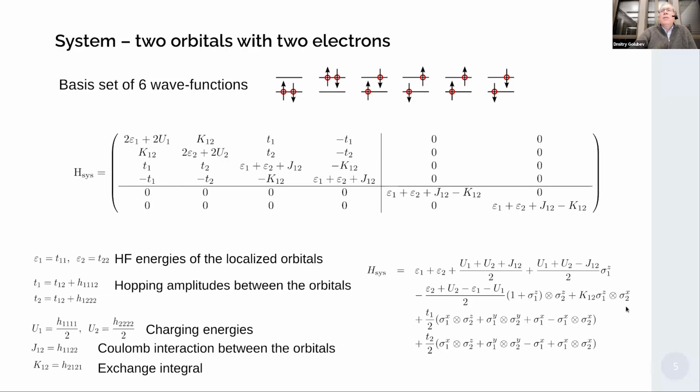We have sigma 1, sigma 2, x, y, z components, and this is just identical representation of this 4 by 4 block. And matrix elements of this matrix are just taken from original Hartree-Fock simulation. These are energies, these hopping matrix elements between energy levels, and also charging energies and exchange integral, all of them expressed in terms of Coulomb integrals.